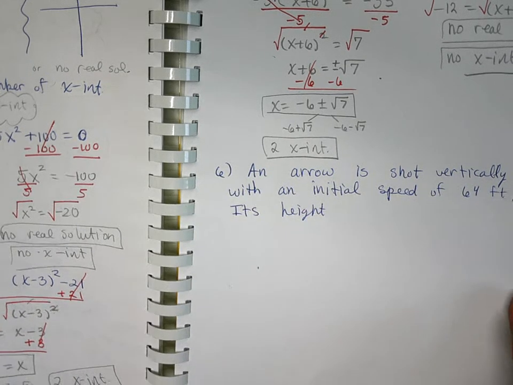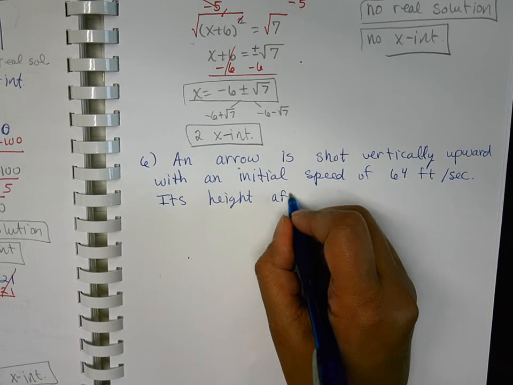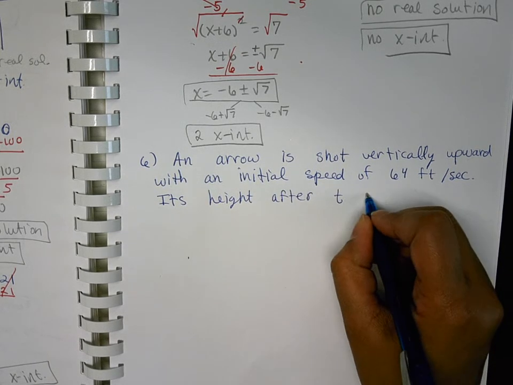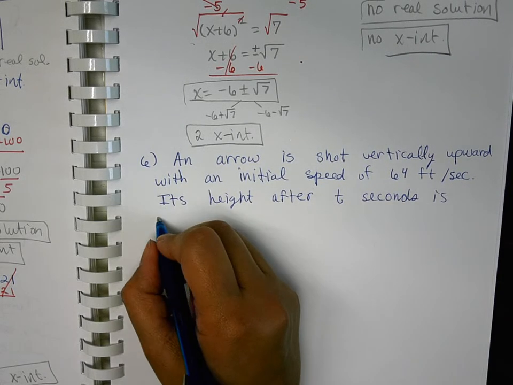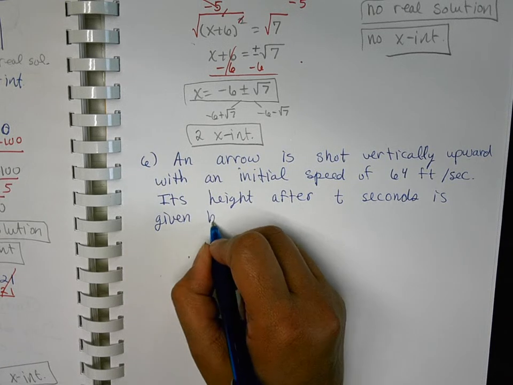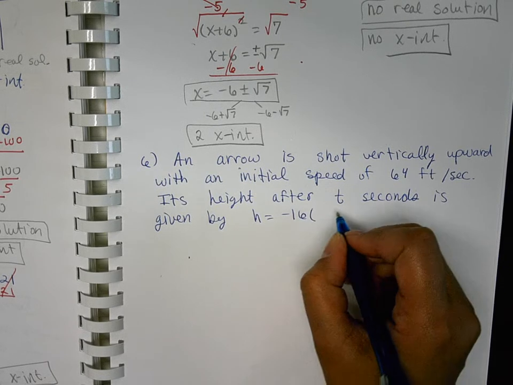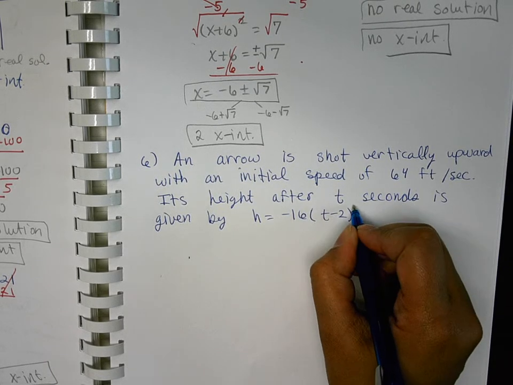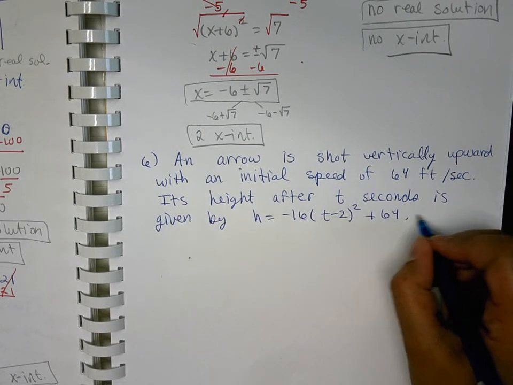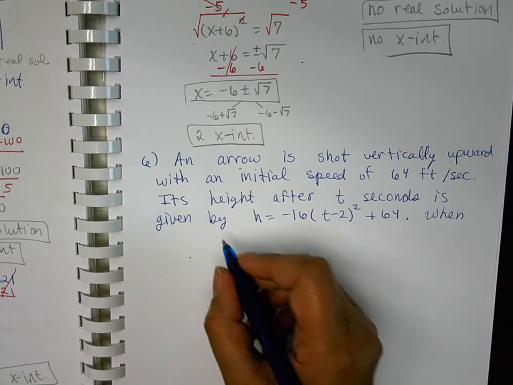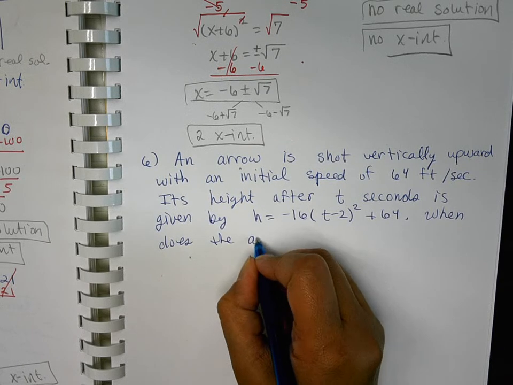Its height after t seconds is given by h equals -16 parentheses t minus 2 close parentheses squared plus 64. Period. When does the arrow hit the ground?